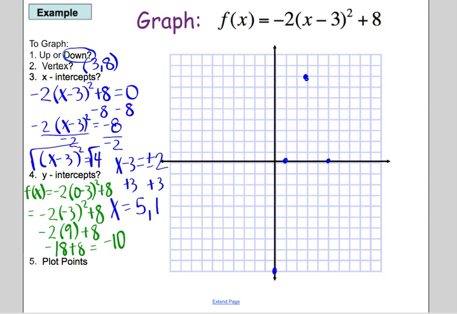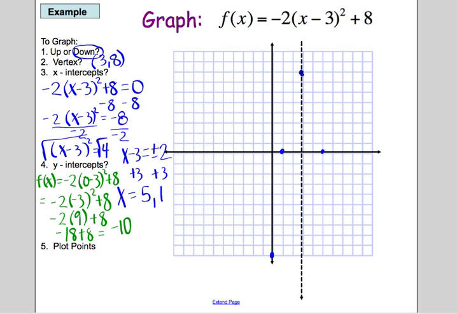Now, the nice thing we know about parabolas is that through the vertex, we get this line of symmetry. We know that parabolas are symmetric over the vertex. In this case, that line would be written as x equals 3, the line of symmetry.